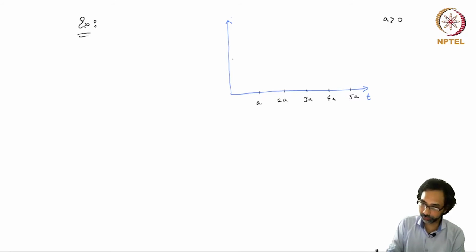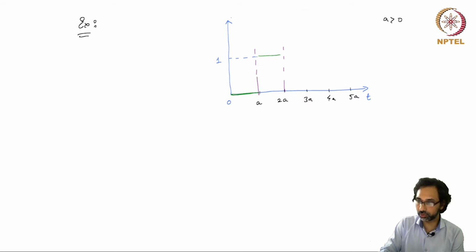The graph of f(t) is 0 from 0 to a, and then this value is 1 from a to 2a, then again from 2a to 3a it is 0, and then again from 3a to 4a it is 1.